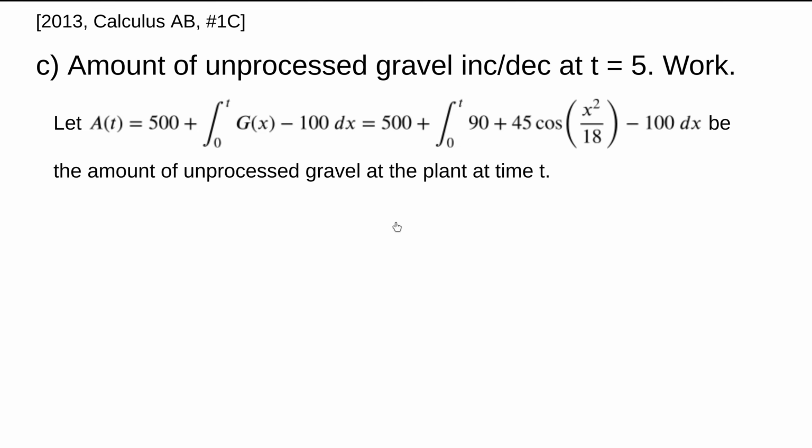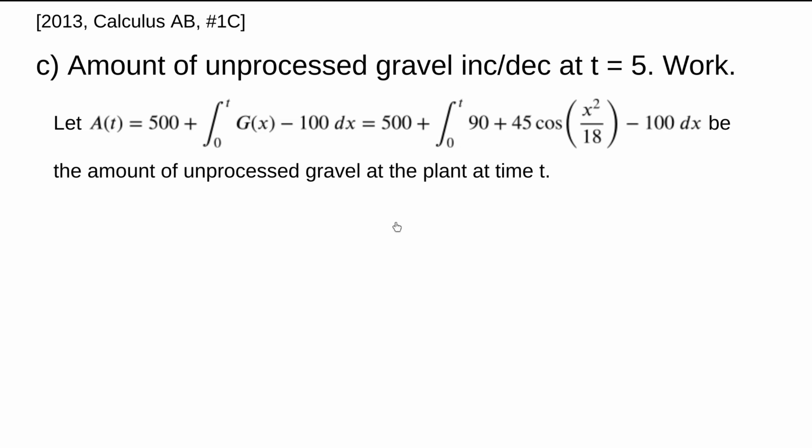All right, so that integrand is taking into account the rate at which unprocessed gravel is arriving and at which it's being processed at the plant itself. So we can write that as a function. That's 500 plus the integral from 0 to t of 90 plus 45 cosine x squared over 18 minus 100 dx. That's our function.